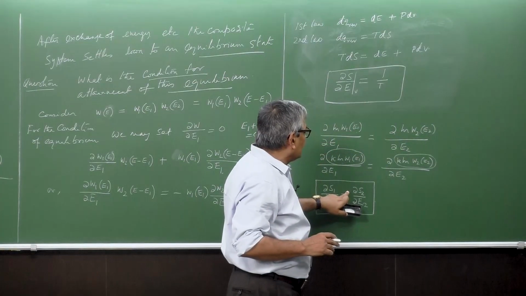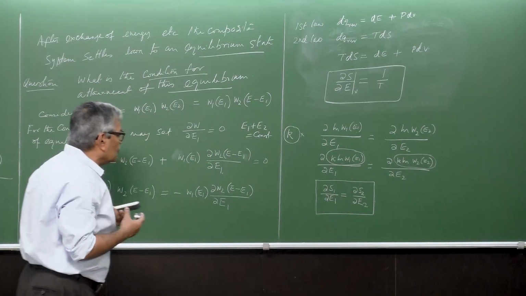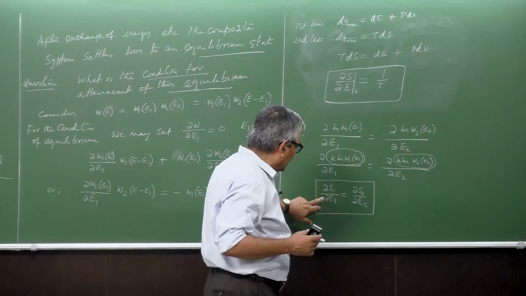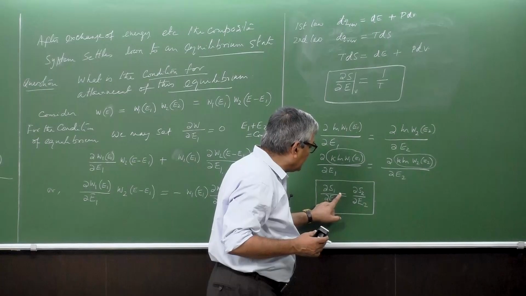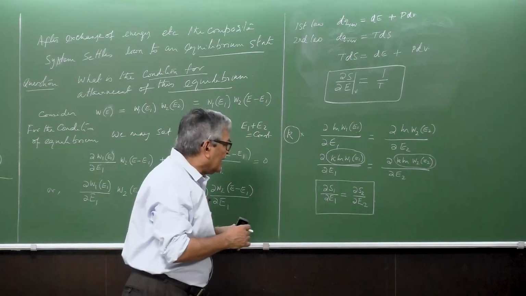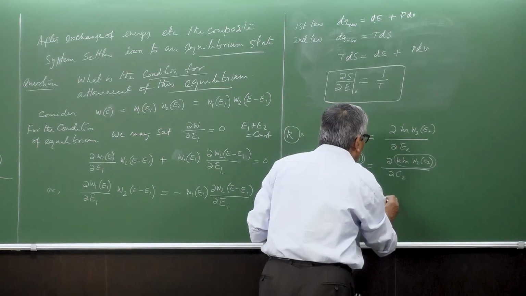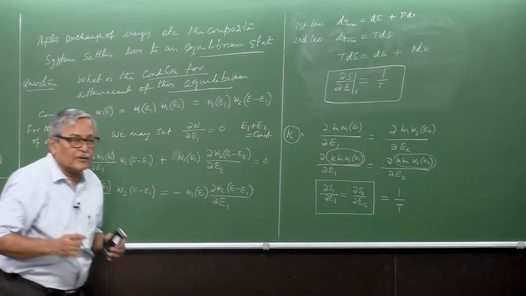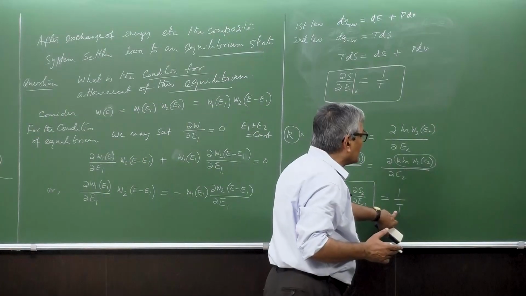So this quantity, I see that S1 and S2 are related to the number of microstates, but this variation of entropy with the energy gives me an equality for the individual subsystems of the composite system, and that must be related, they are equal. So I can connect these two with a parameter 1 by T, and that defines my temperature of the system. Equilibrium means that you can define a temperature in this way, so that is the condition of equilibrium.